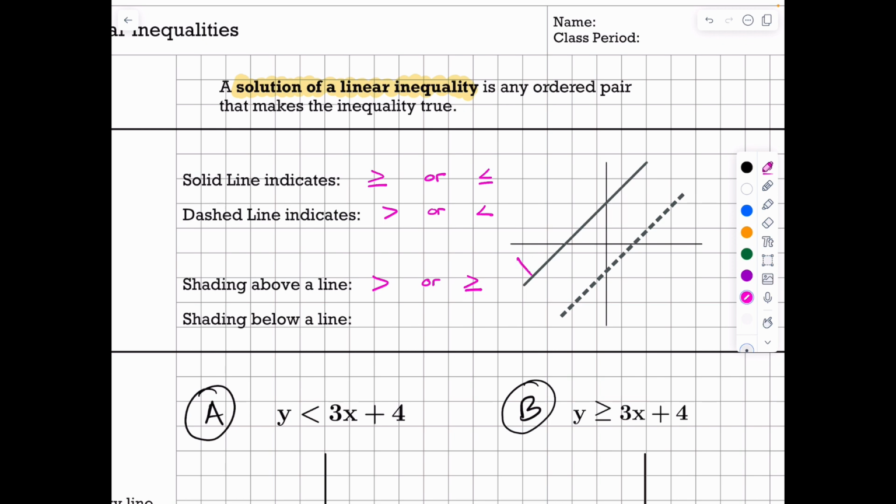And what I mean by shading, such as this line, it means that all of my values are getting larger in relation to the y-axis. Shading below the line, less than or equal to.